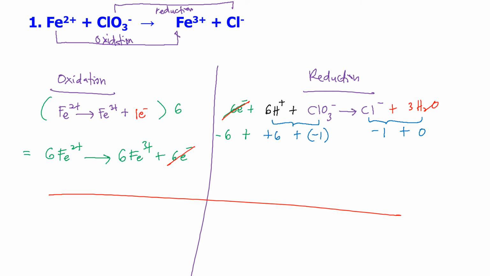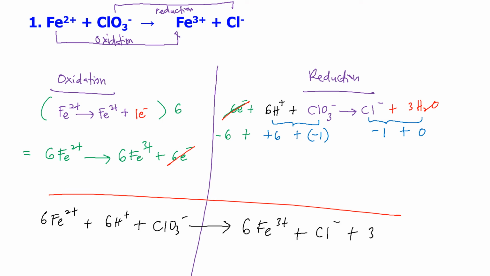So what do you get? 6 Fe2+ plus 6 H+ plus ClO3- produces 6 Fe3+ plus Cl- plus 3 H2O. So this is the complete equation for the ion-electron method in acidic solution.